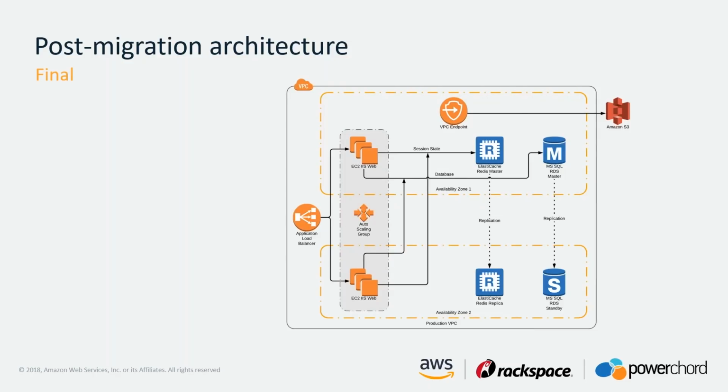And here's a look at a simplified architecture. There's a number of things in play that we didn't include here on this diagram for ease of reading. But you'll notice the S3 icon. There was extensive use of S3 for Powercord here, and most people know it as an object store.